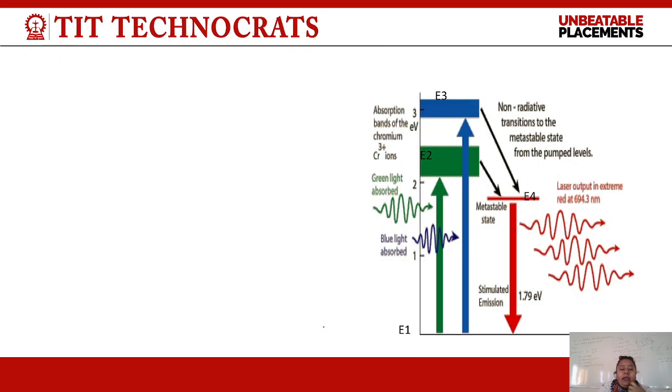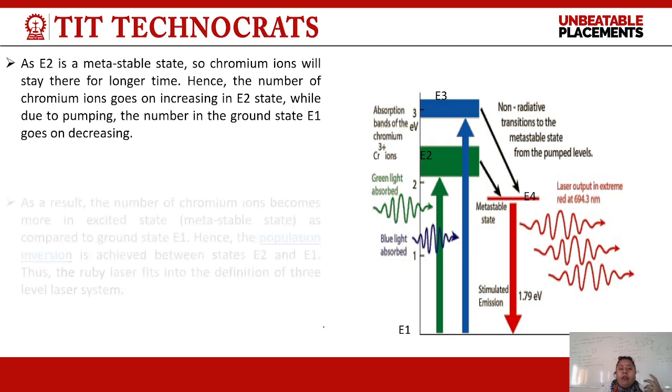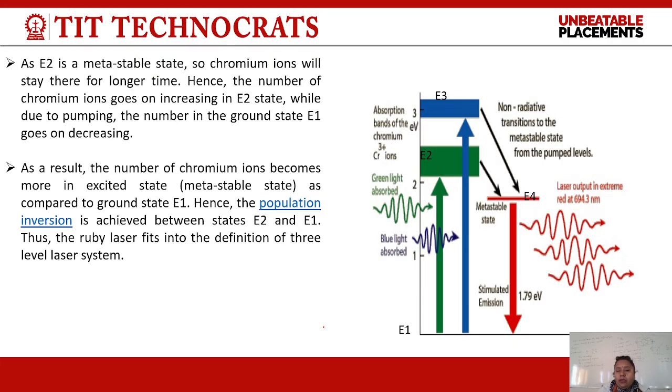So what happens next? E3 and E2 are both pumping states. After this, the ions stay here for 10 to the power minus 8 second, not more than that, because as you know, the time period of any normal excited state is 10 to the power minus 8 second.